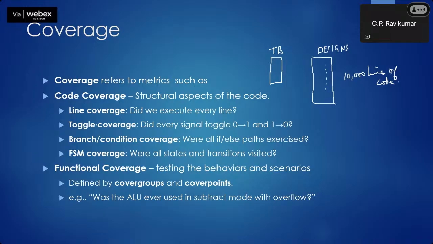And when we do the simulations, the simulator has access to the design, and it can keep some counters and check whether the lines have been covered, signals have toggled, branches have been taken, and things like that. So at the end, it may be able to print a coverage matrix that these test benches together exposed 100% line coverage, 80% toggle coverage, and things like that.